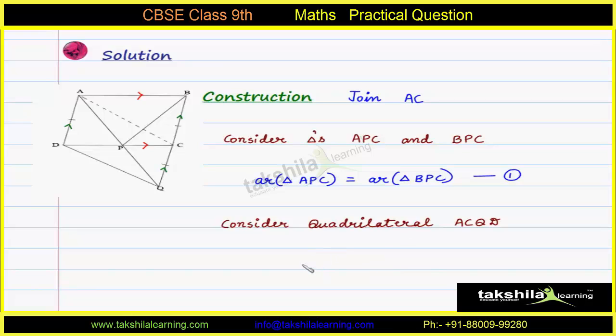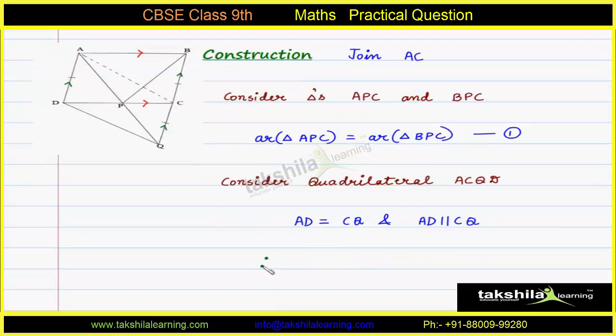So in quadrilateral ACQD, we can see that AD is equal to CQ and AD is parallel to CQ. Therefore, we can see here that ACQD is a parallelogram.